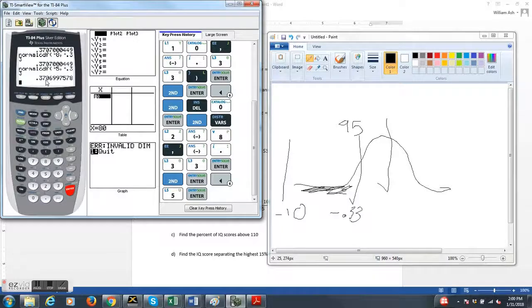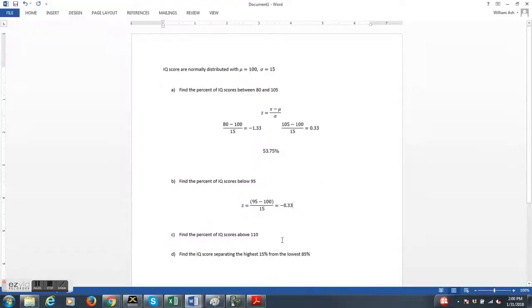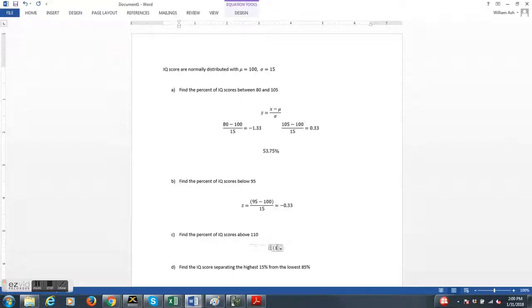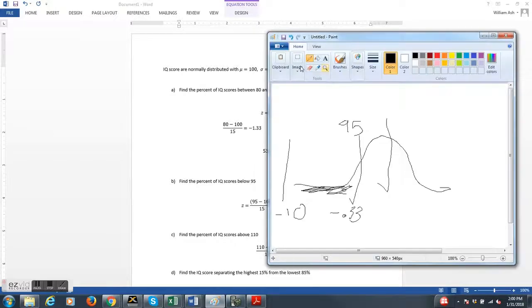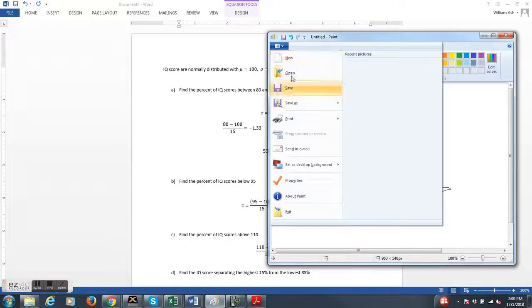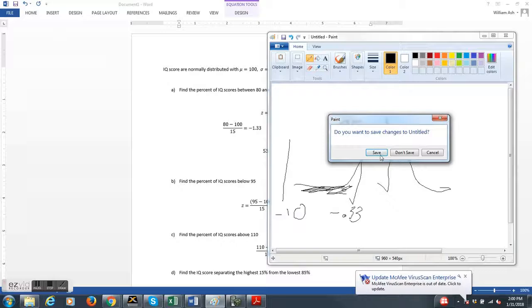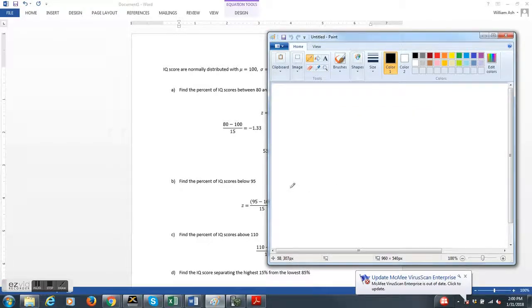If I want to go above 110, that's going to be 2/3. Now I'm going left to right. I want it above 110, so I'm looking this way.